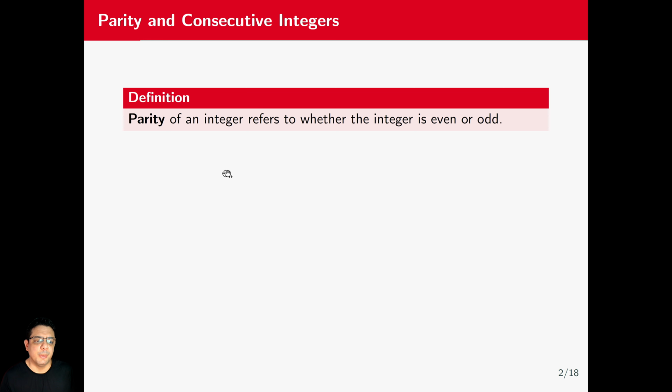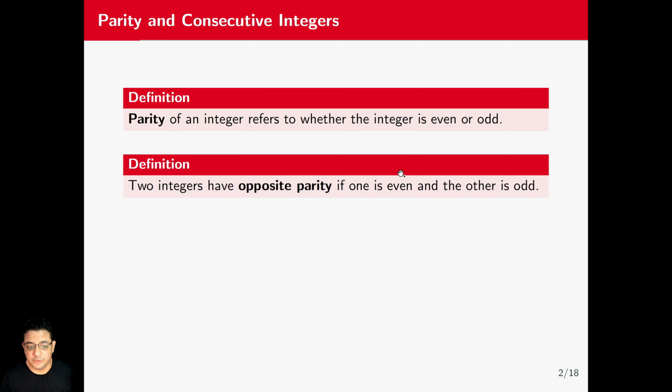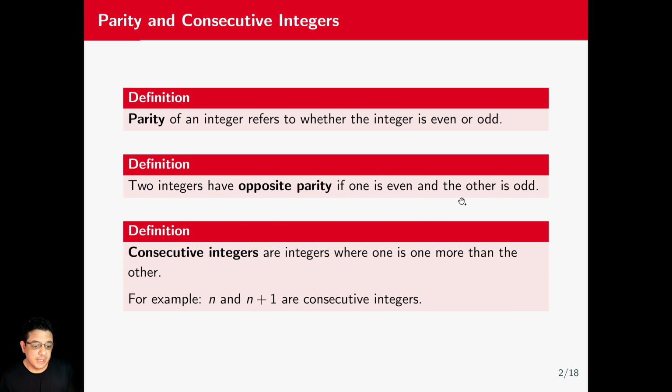First of all, let's talk about parity. The parity of an integer refers to whether the integer is even or odd. Two integers have opposite parity if one is even and the other is odd. Consecutive integers are integers where one of them is one more than the other.